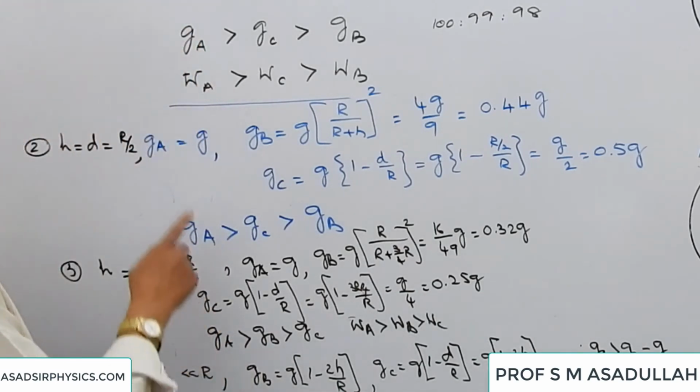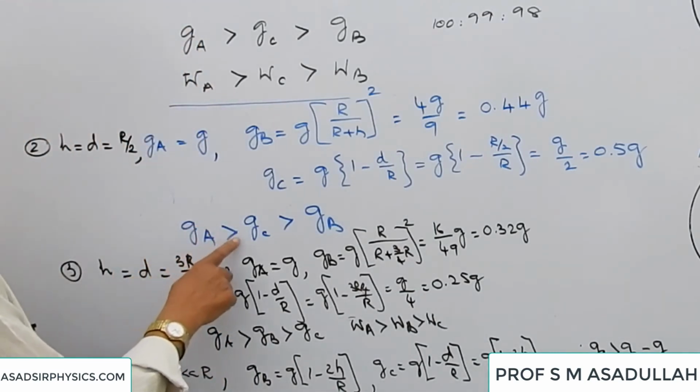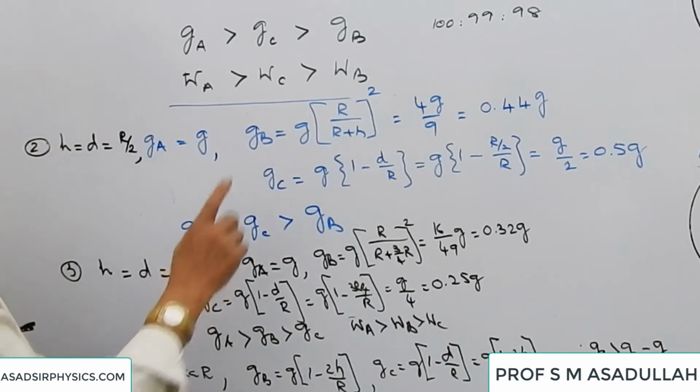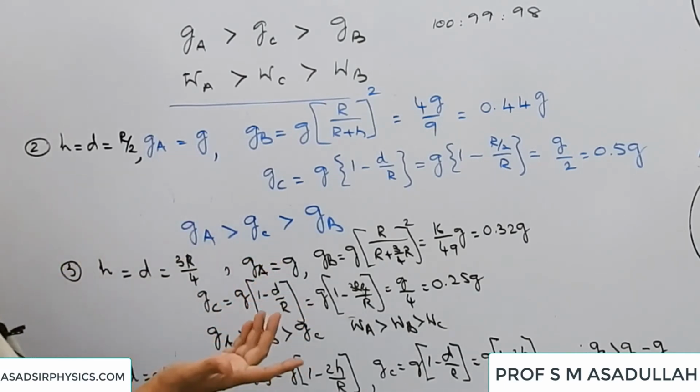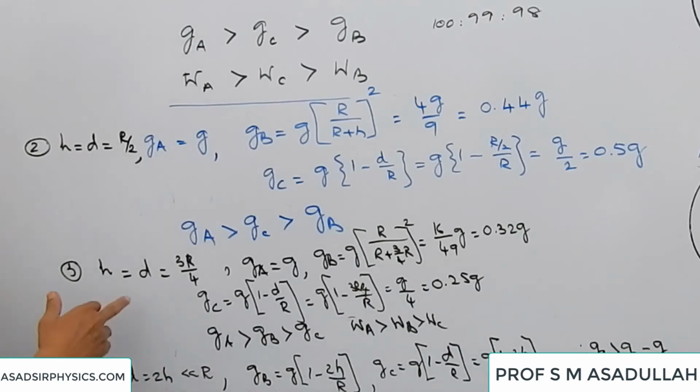So the sequence is Ga greater than Gc greater than Gb. So you consider this problem and this problem. Don't be under the impression that this pattern follows every time. Need not be.